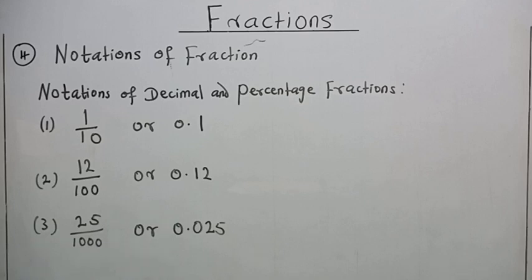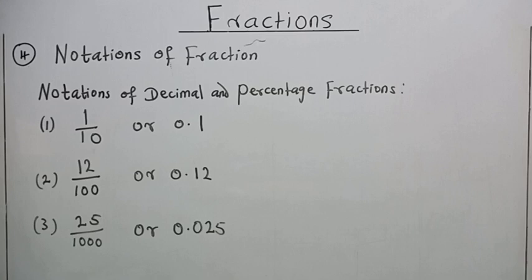Now, with these forms or notations of decimal and percentage fractions, you may not be confused. But with these latest forms or notations, you might be asking, what informed writing this in this form, this in this form, and this in this form? How were they obtained?